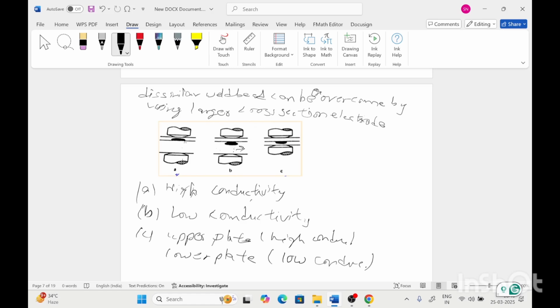As the contact area is high, that will lead to the formation of the uniform weld bead. And we can choose low conductive materials for the other electrode. Larger cross sectional area and low thermal conductive electrode.